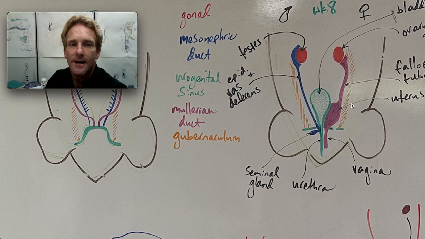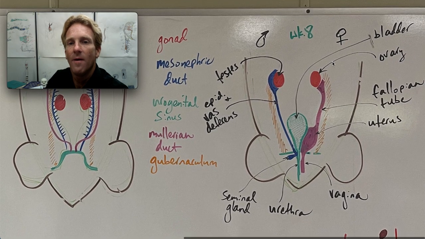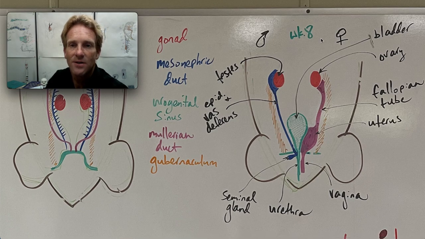Now, let's see here. That's going to be different from what happens when a female develops. So, in the absence of testosterone, that is going to allow the gonad to form into an ovary. That's what we see here. Without the Müllerian inhibiting factor that was secreted by those Sertoli cells, this Müllerian duct is going to develop into the female womb.